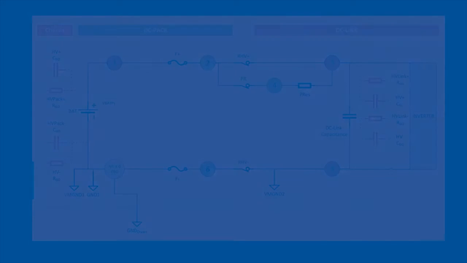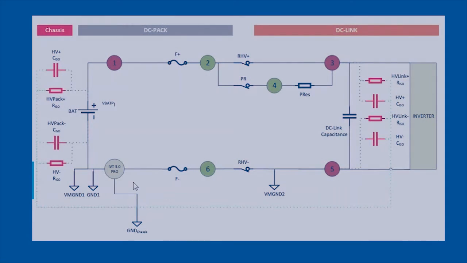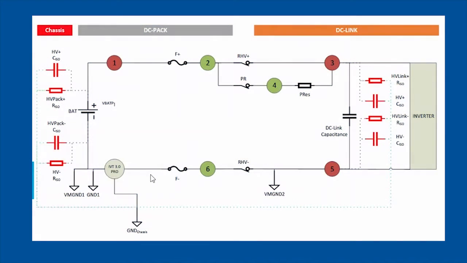I want to quickly go over this block diagram and explain what we see, just so we're on the same page. On the left side we have a high voltage battery, the plus path of the battery and our first sensing point.